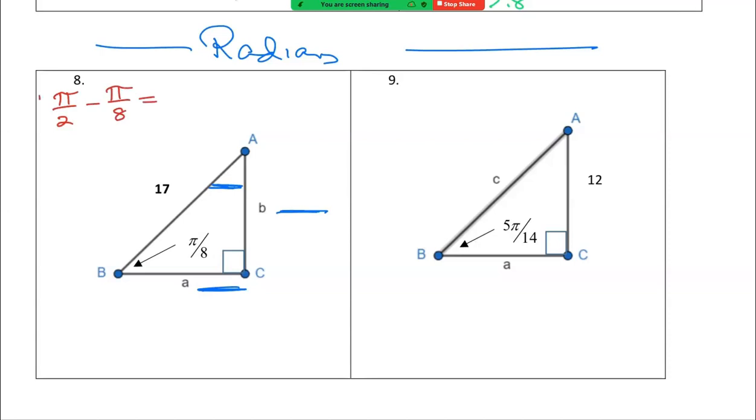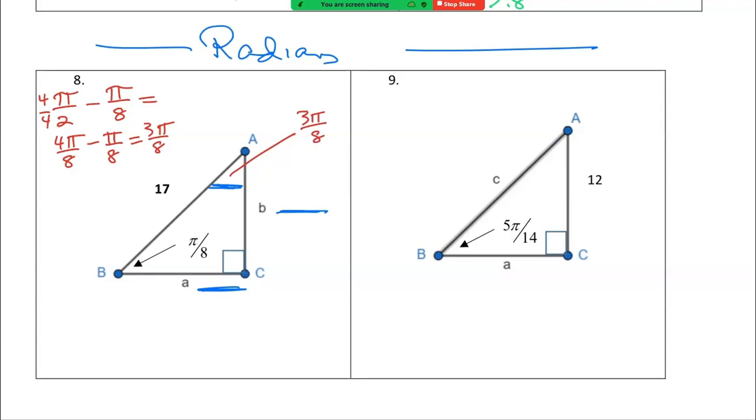I can't do anything with it until I get pi over 8 to work with. I do that by multiplying by 4 over 4. This is 4 pi over 8 minus pi over 8, which gives me 3 pi over 8. So this missing angle right here is 3 pi over 8.